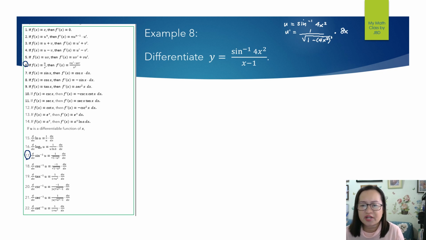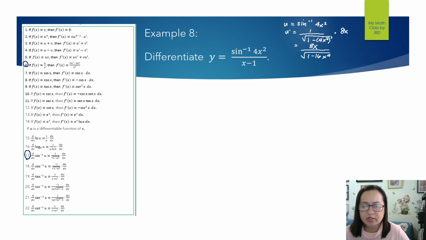So simplifying further, u prime would be 8x over the square root of 1 minus 16x to the fourth power.